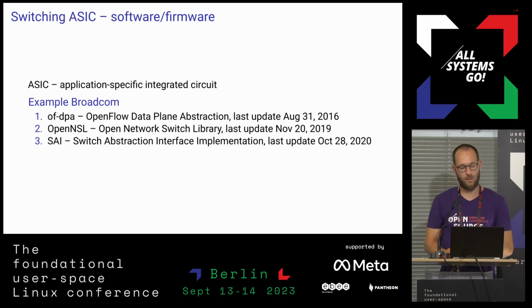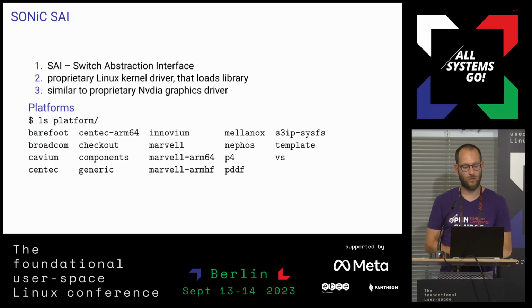And now with Sonic from Microsoft, they base everything on SAI, which is a switch abstraction interface implementation, and unfortunately, it's also kind of the same situation as with the NVIDIA proprietary graphics driver in Linux. So anytime you cannot easily just update the Linux kernel, you're still dependent on the supported versions.